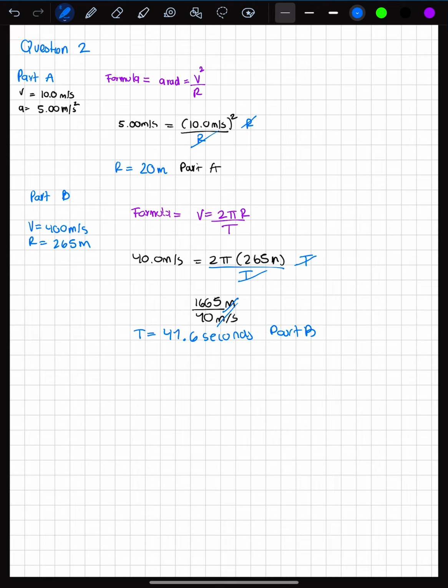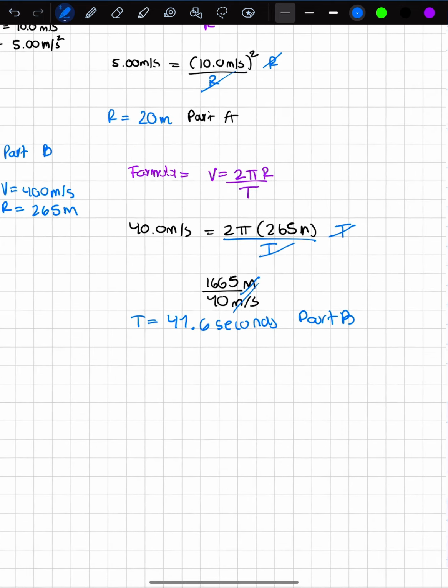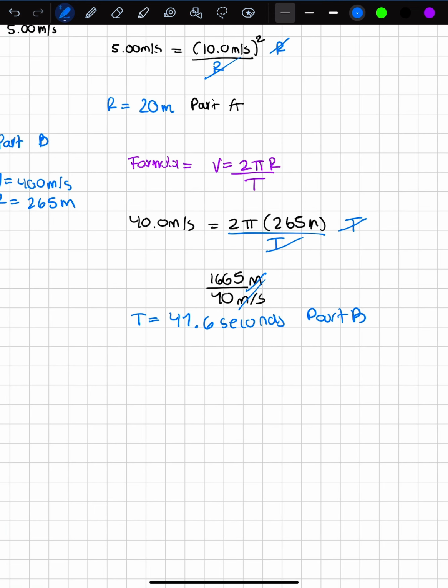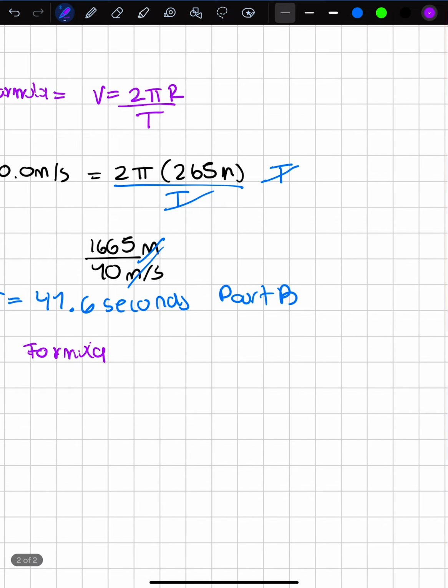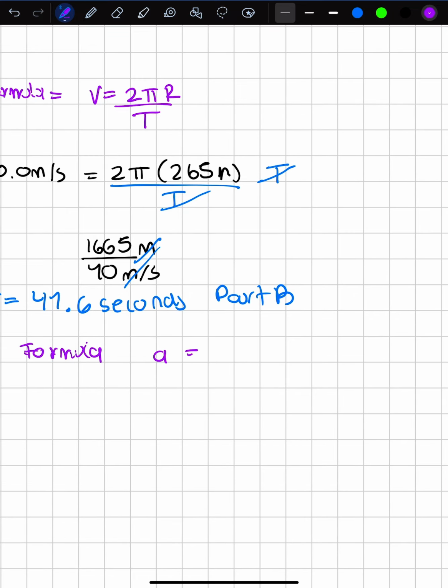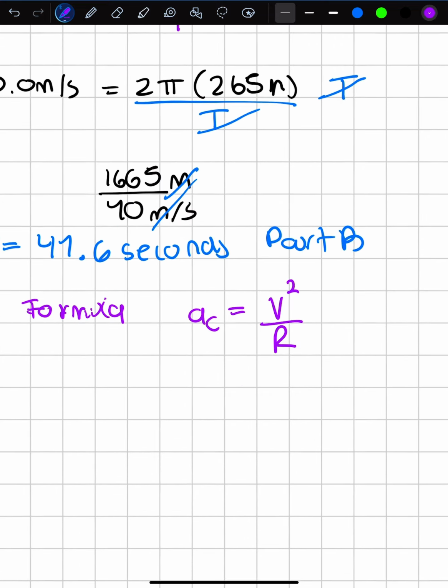All right, so let's see part C, what they're asking us. It's with the same values, but now they're asking us to calculate the car's centripetal acceleration. So we're going to use a similar formula. The formula is the following: centripetal acceleration is velocity squared divided by the radius.